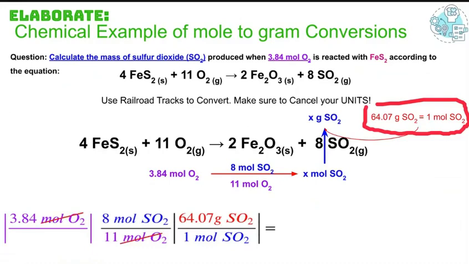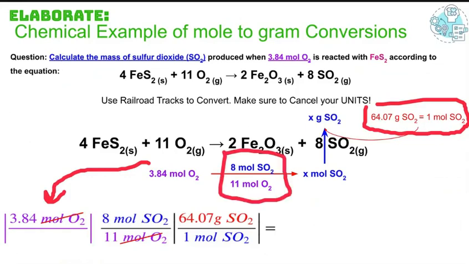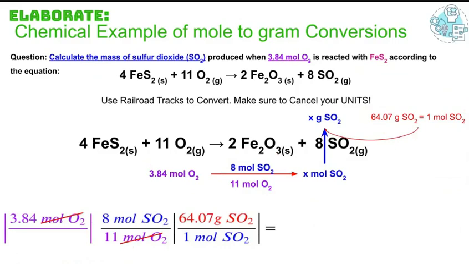Now that we have it mapped out, we place the 3.84 moles of O2 that we started with. Then remember, we take this ratio and put it in our next railroad track, because we have to go from moles of O2 to moles of SO2 and then up to grams of SO2. Then our molar mass goes here.